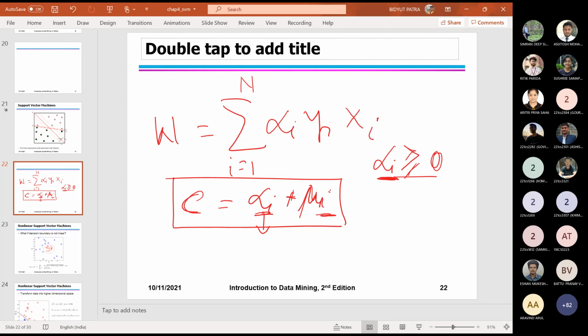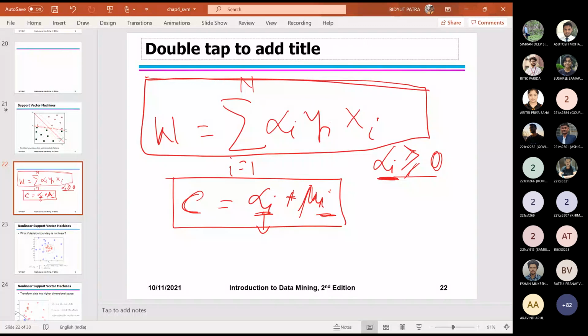Okay. So these details you can get in the data mining book by Vipin Kumar. Okay, so I am not going into detail. So finally the solution is that we will get this type of constraint, and then again we have to compute the b. So b will be a little different here.